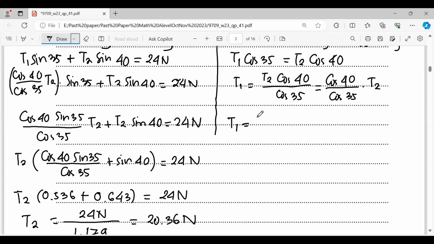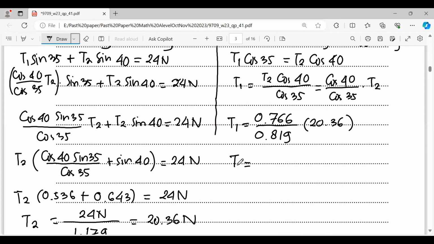Cosine 40 through calculator is 0.766 over cosine 35, 0.819, times T2, 20.36.